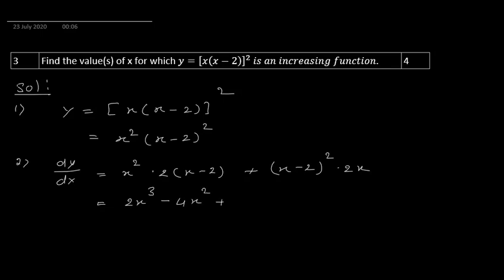Here I will open this bracket, (x minus 2) the whole square is x square minus 4x plus 4, multiplied with 2x.